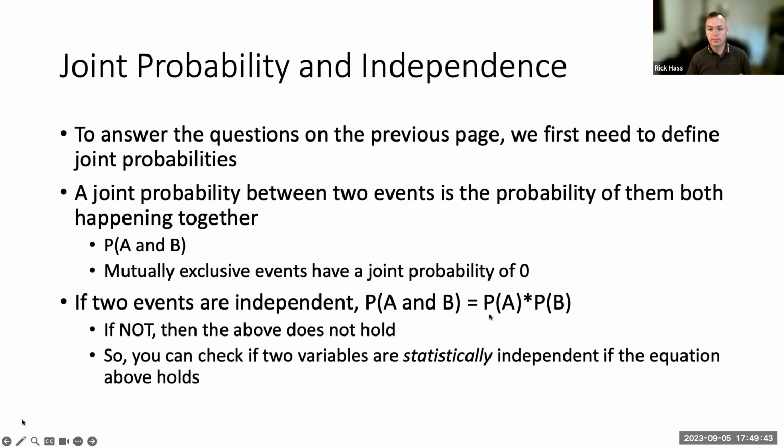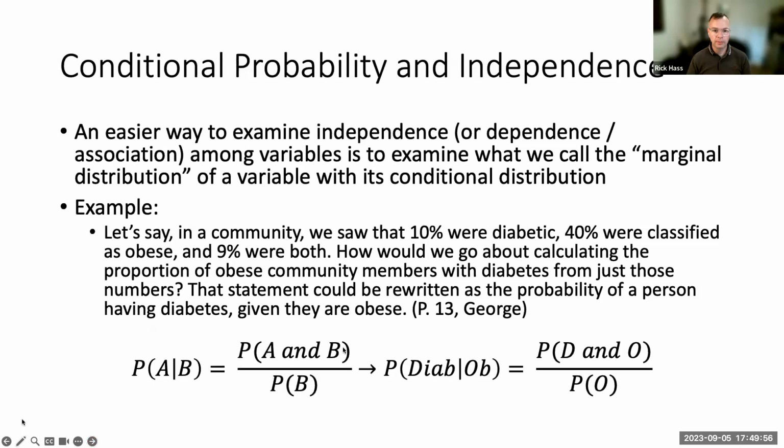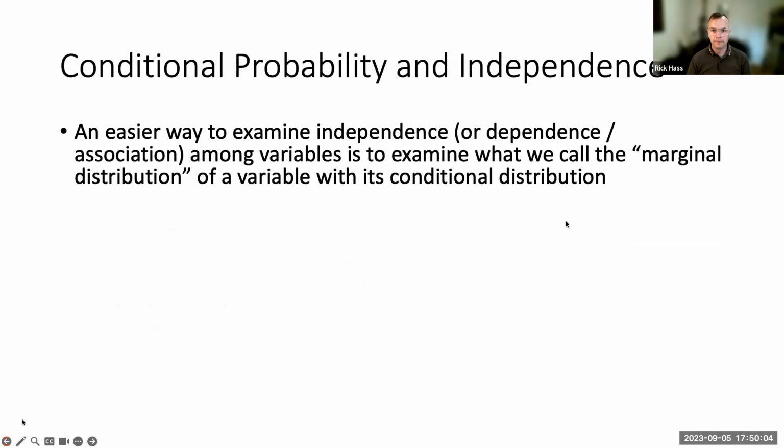But statistical dependence and statistical independence, which is what correlation is all about, is really founded on joint probability. What we're going to see is that joint probability is a part of the computation for conditional probabilities. So let's talk about this a little bit.